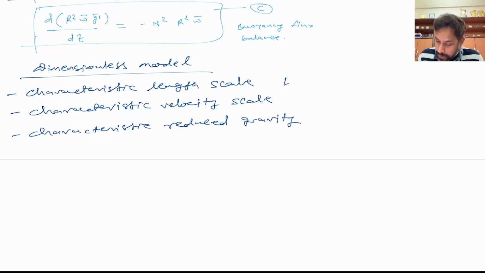And we will name them as L, capital U, and capital G. So let's see how we can find the characteristic length scale or velocity scale or reduced gravity for the given set of equations.